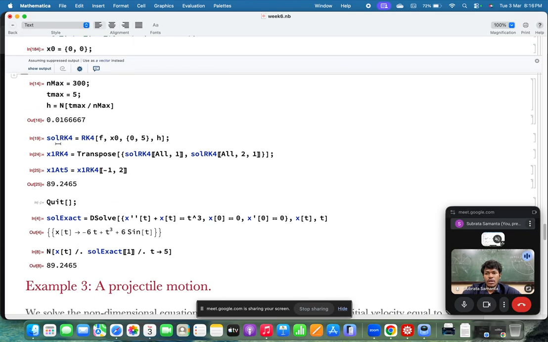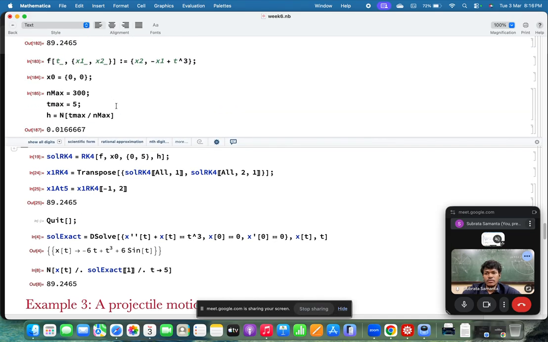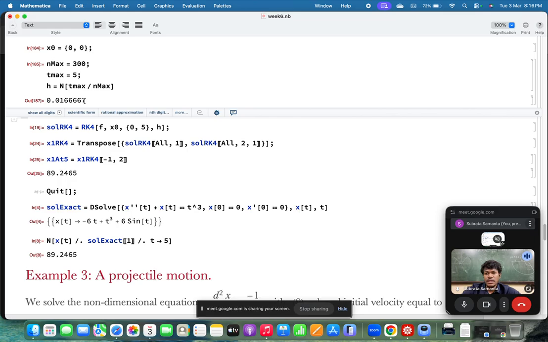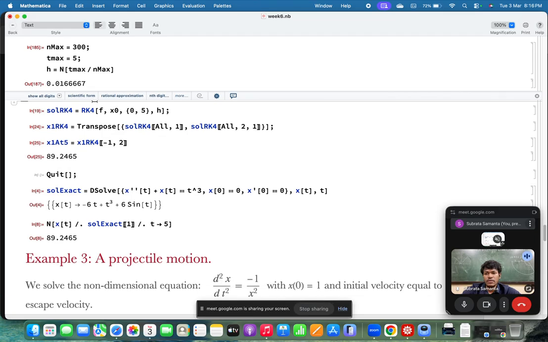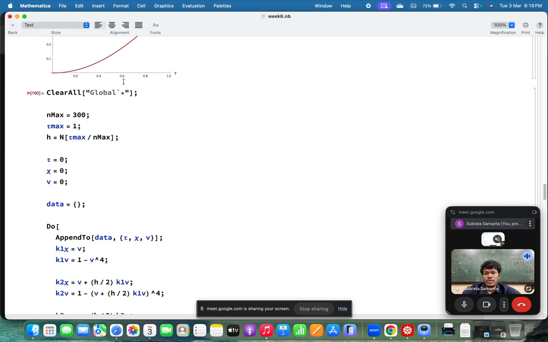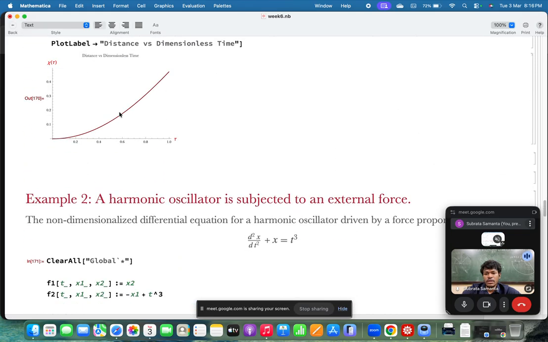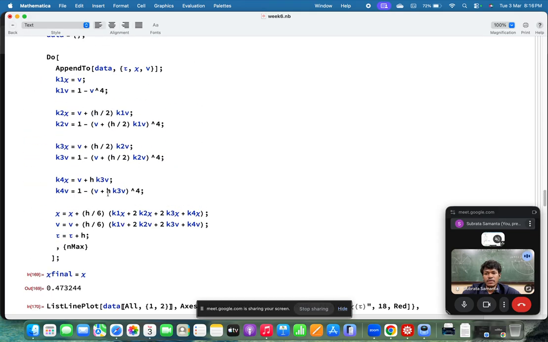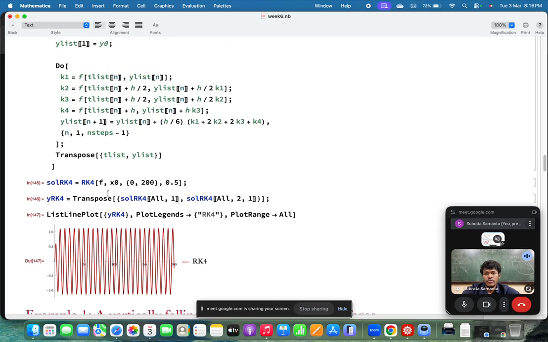And I call RK4. First I define n max and t max and calculate h from these. I choose t0 equals 0, so h is t max over n max. I already quit this, so I cleared everything, which means RK4 is cleared.